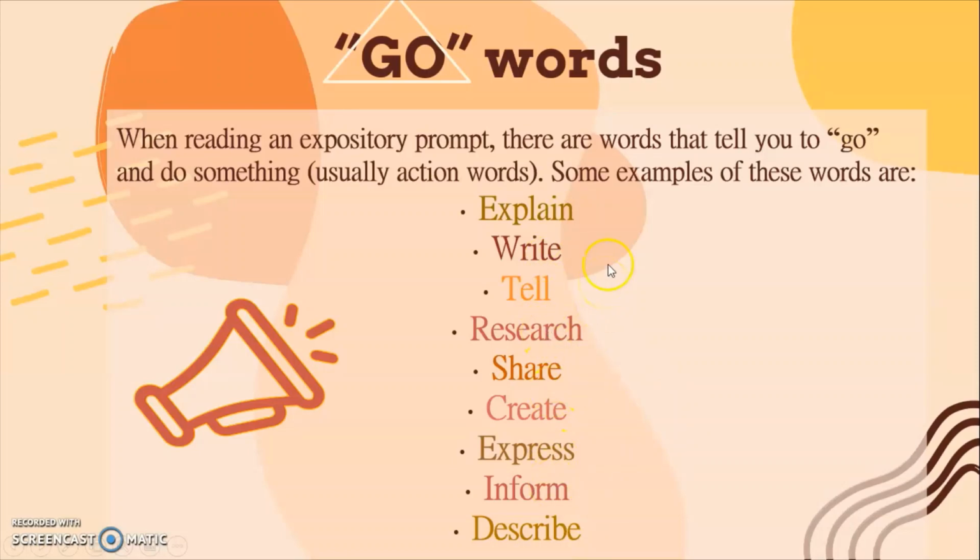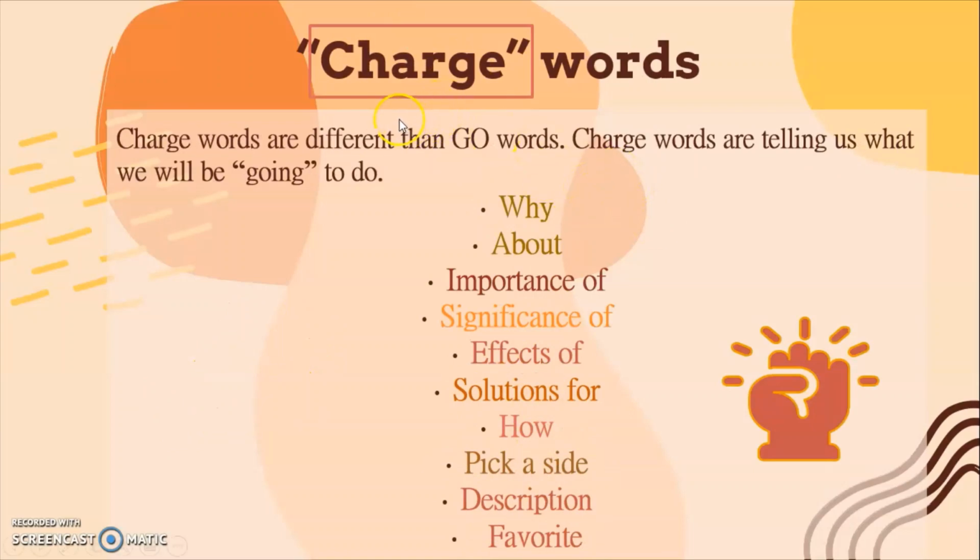Because all of these words here are asking you to explain something. They're asking you to write. They're asking you to tell. And when you do those things in expository writing, you are explaining. So if you always remember EX for expository, EX explain, that's what you'll be doing every single time you write an expository essay.